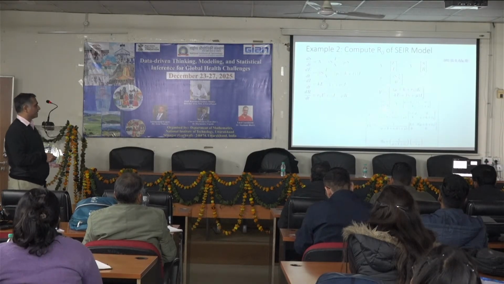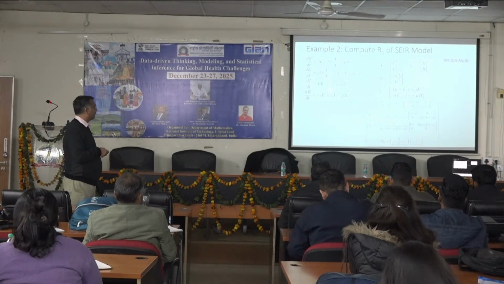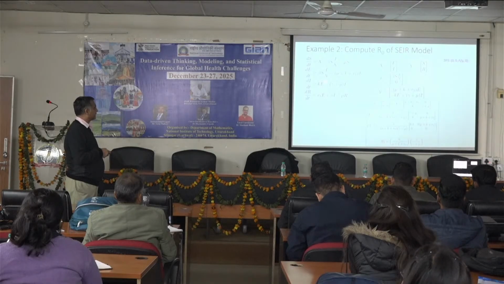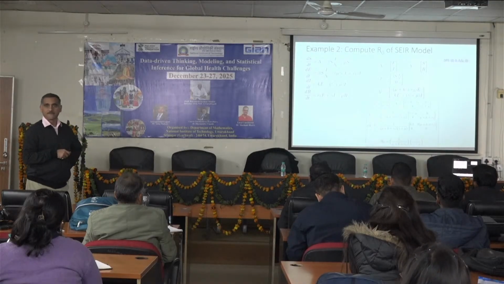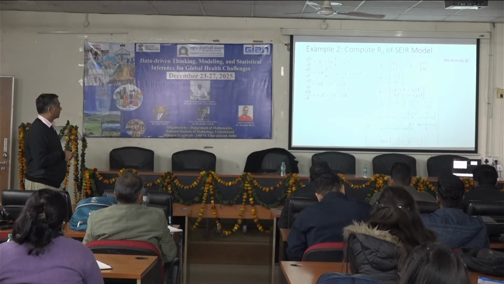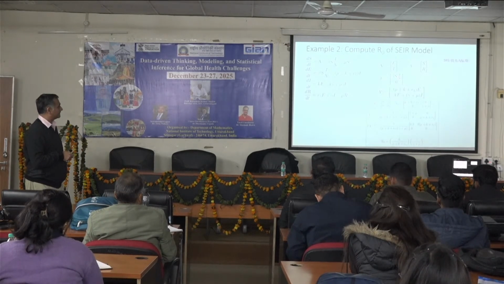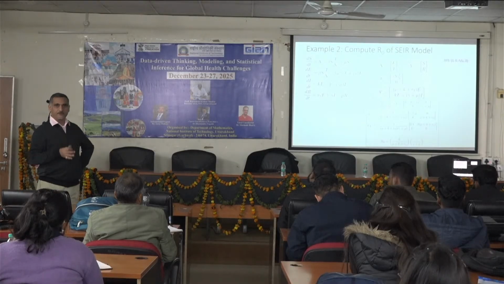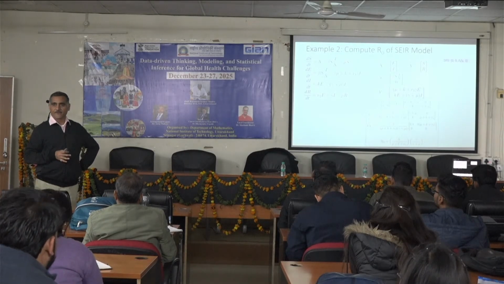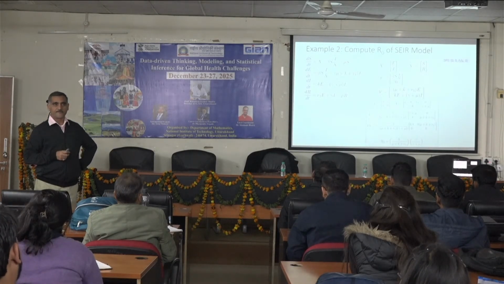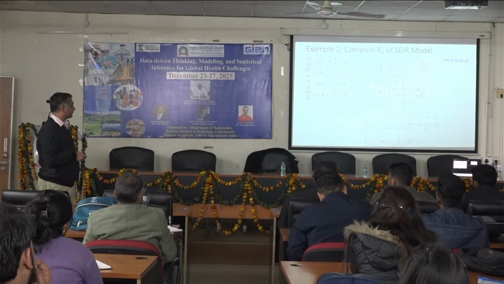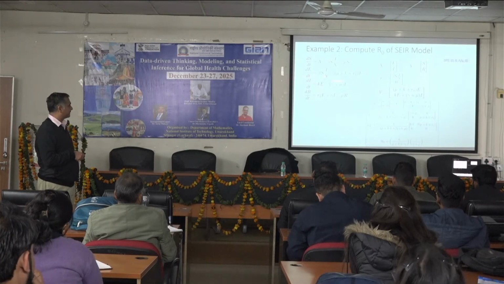If you redo the calculation, now this is an SEIR model, so you have an exposed class and an infected class. Now you will have F as the new infection. Is that the way you have done it, or have you done it in a different way? Same way, right? This is a common way to do the next generation matrix.